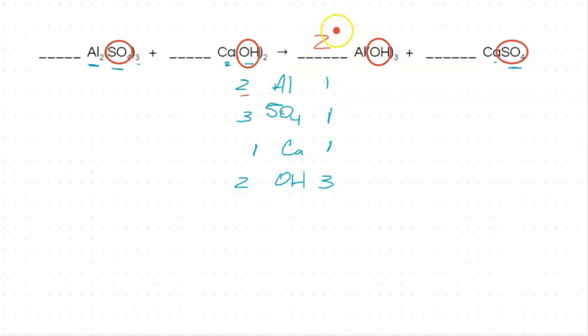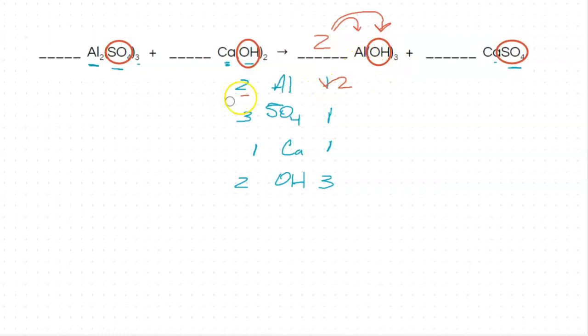Now remember that 2 distributes to the aluminum and tells me that I've got 2 aluminum atoms, which is what I need. But the 2 will also distribute to the hydroxide. This is just like math, and when you have a coefficient in the front, it distributes to whatever's behind it. So I have 2 of everything in my chemical formula.